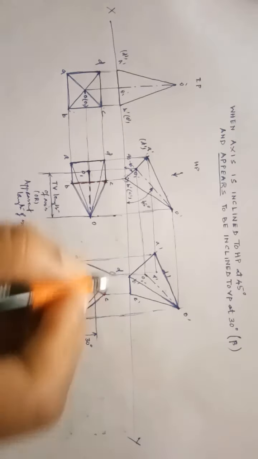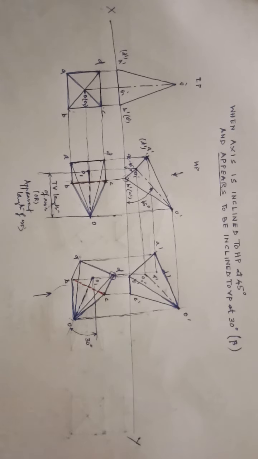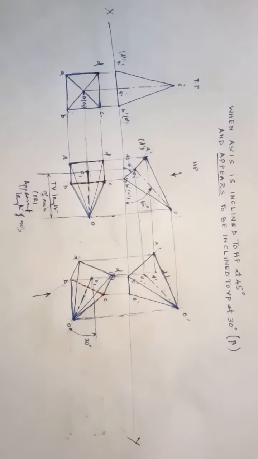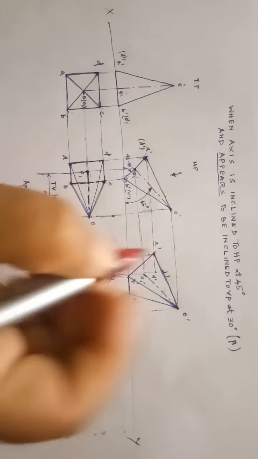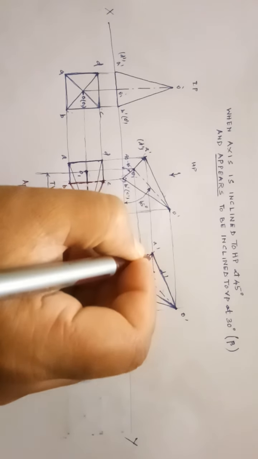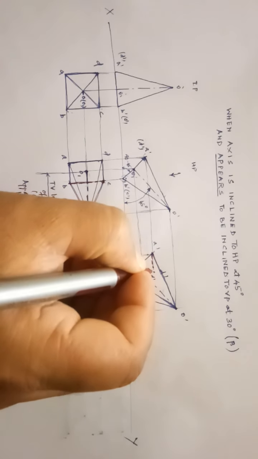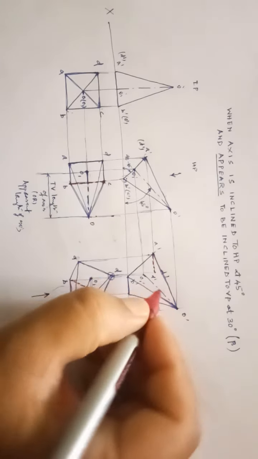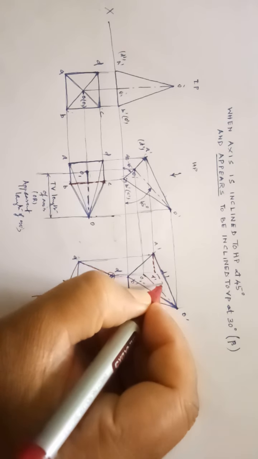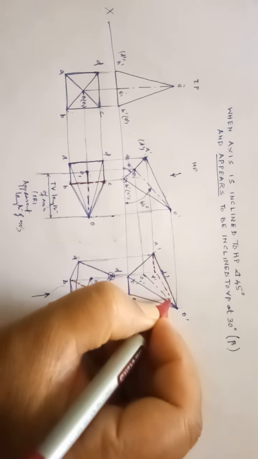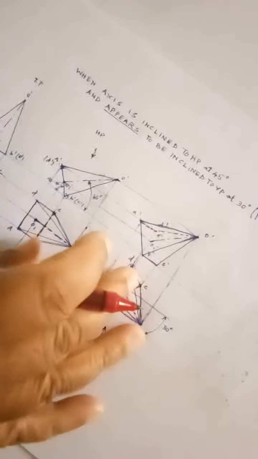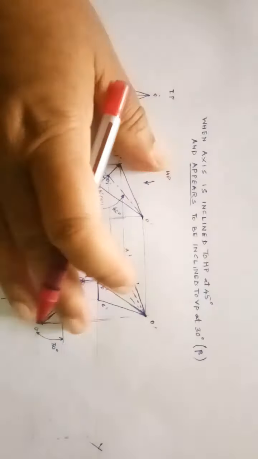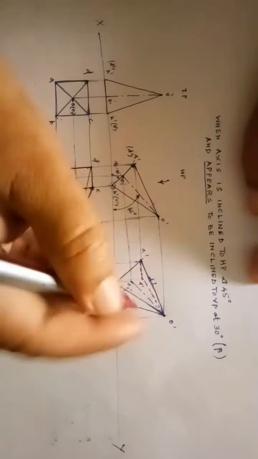So all lines joining invisible point will be invisible lines. Therefore A dash and D dash will be an invisible line. Then D dash and O dash also will be an invisible line. And D dash and C dash also will be an invisible line.